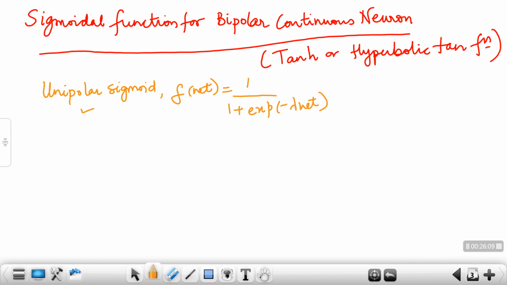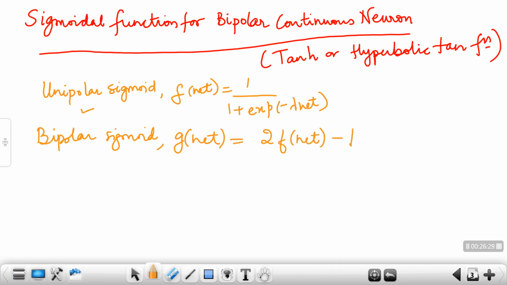If we want to extend the function, there is a technique from mathematics. How do we get the equation for the bipolar sigmoid? You take the unipolar sigmoid, multiply this function by 2 and subtract 1, that is, you shift it back.